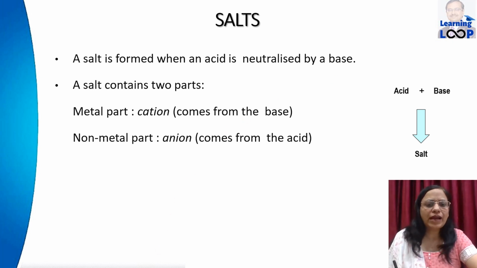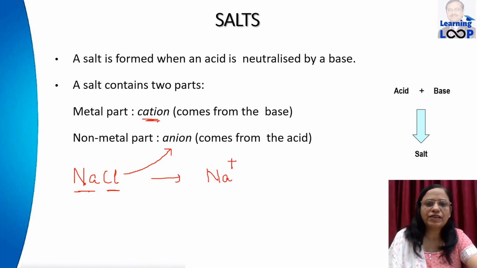If we look at the formula of any salt, let us take a very simple one, the most common one, sodium chloride, NaCl. There are two parts present in it, the positive ion and the negative ion. The positive ion is known as the cation and the negative ion is known as the anion. If we split sodium chloride, we get Na+ and Cl-.